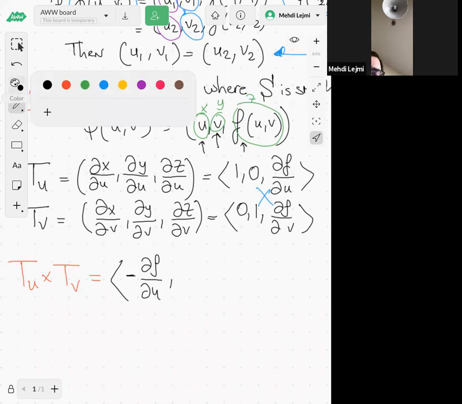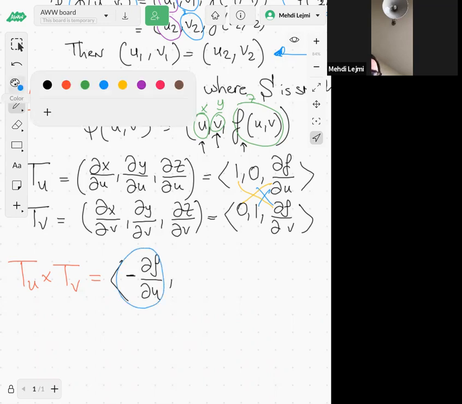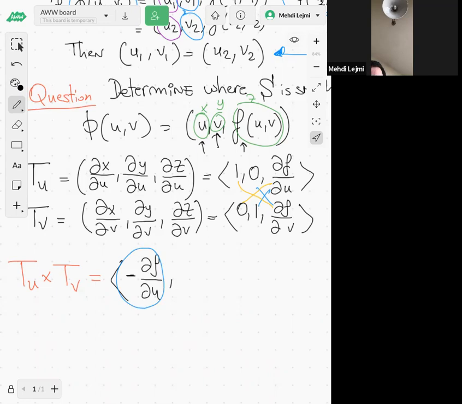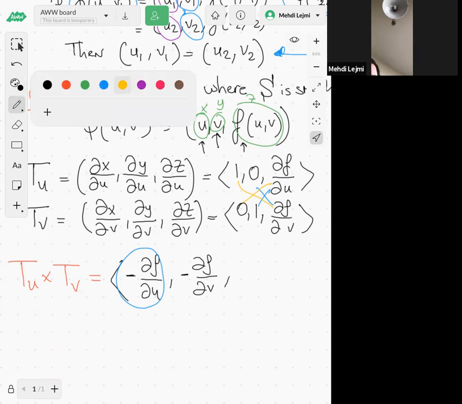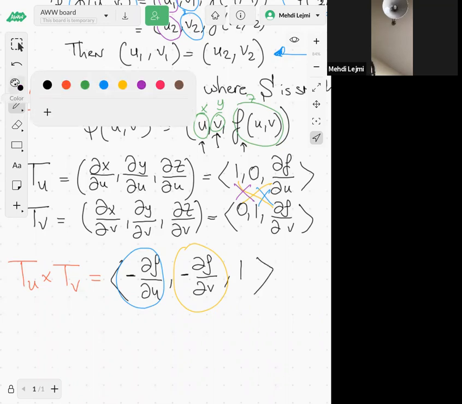Now for the second component, we cross multiply here, so it's minus derivative of f with respect to v. And then for the last component, we cross multiply here. So that's 1 times 1 minus 0 times 0, so that's 1. Here's my 1. That's my third component.